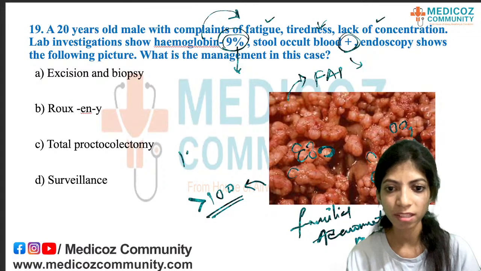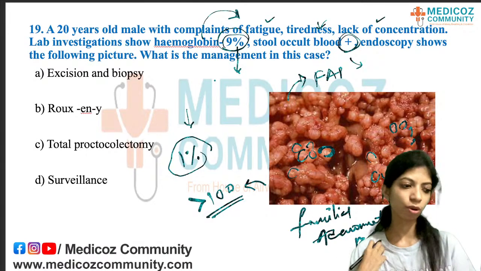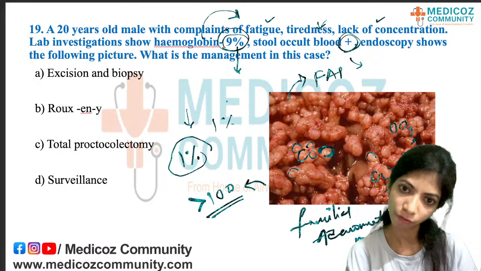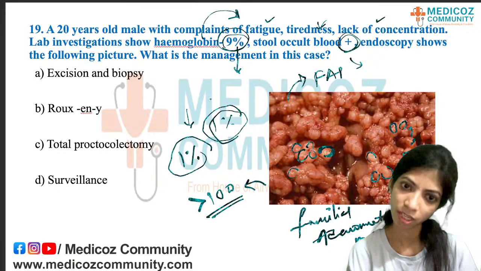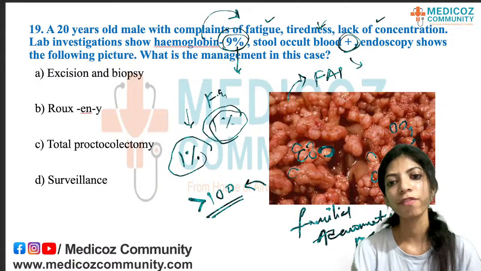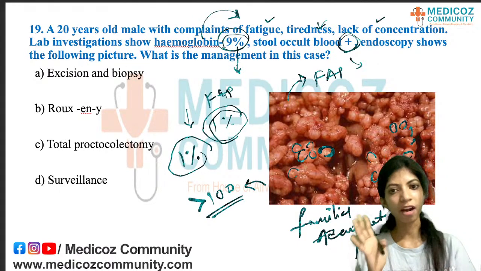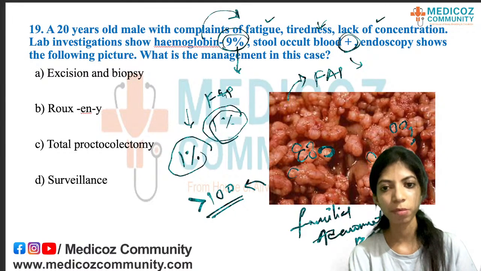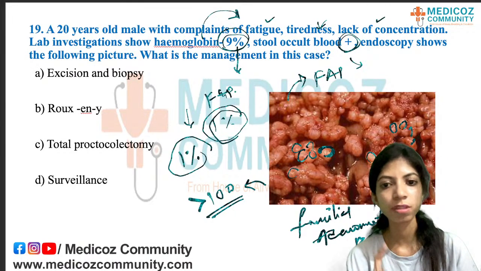This FAP is just 1% of the colorectal diseases. 1% of the colorectal carcinomas are associated with FAP, but if FAP is present, there are 100% chances to convert into a malignancy. So if there is FAP in a person, by 40 years, 100% it develops into a carcinoma.